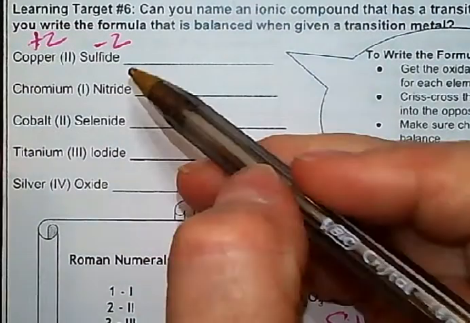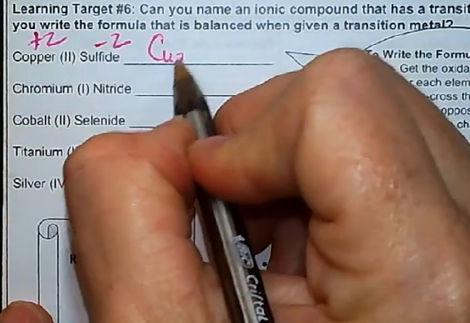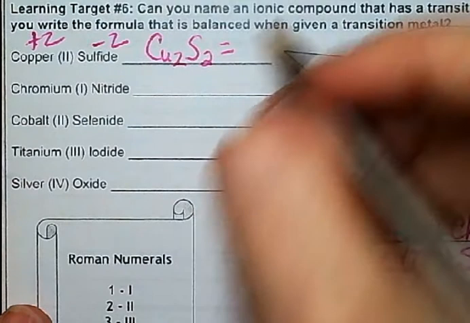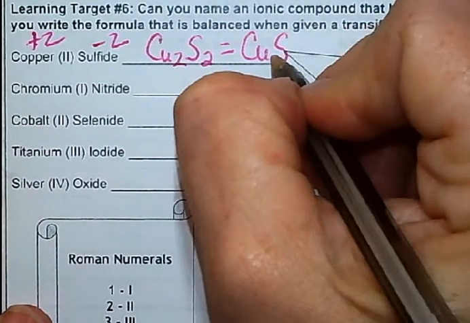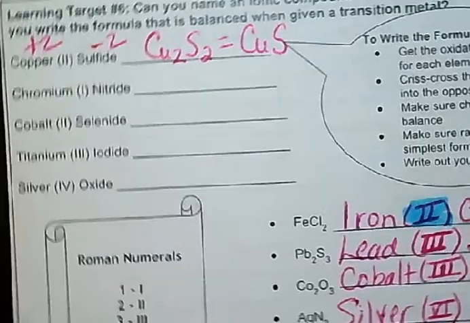So if I crisscross those down, it becomes Cu2S2. Can I simplify that? That's right, CuS. That would be Cu1S1, and I don't have to write ones because they're understood. And that's what you do.